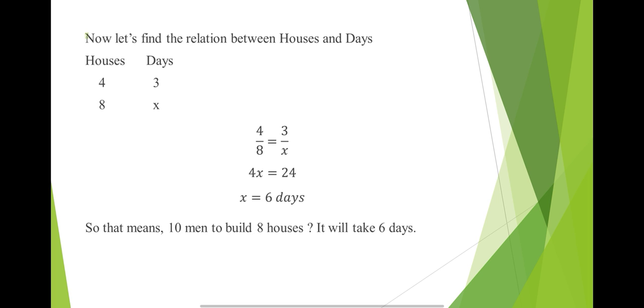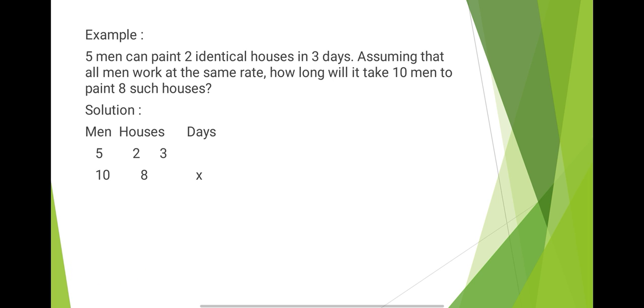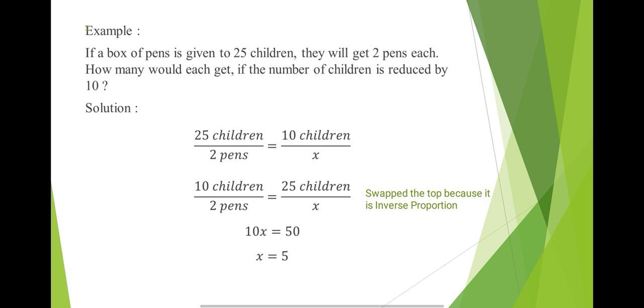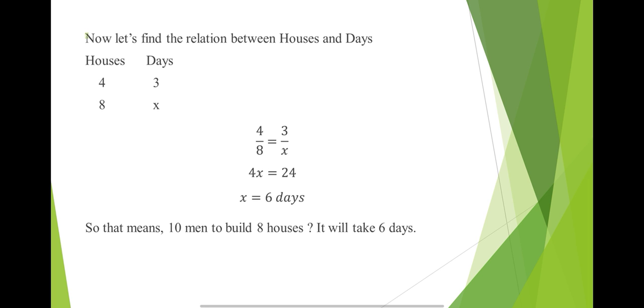Now we go to the second step. Because the number of men is already 10, which is what the question requires, now we go to houses and days. So we are comparing houses and days.